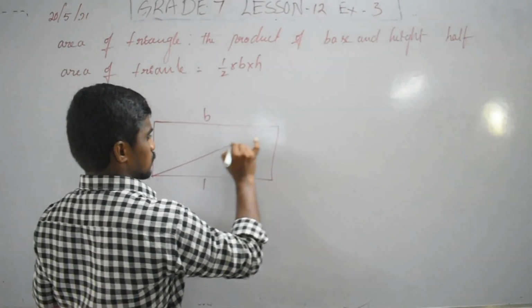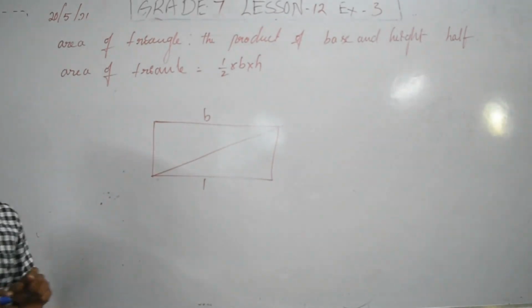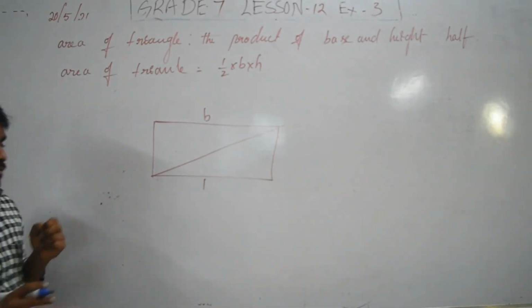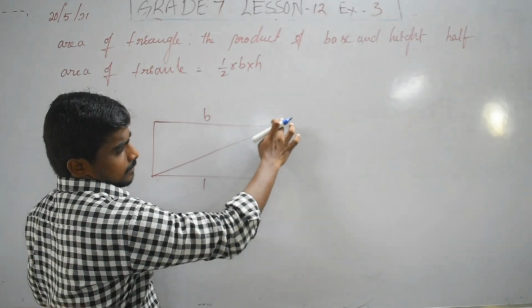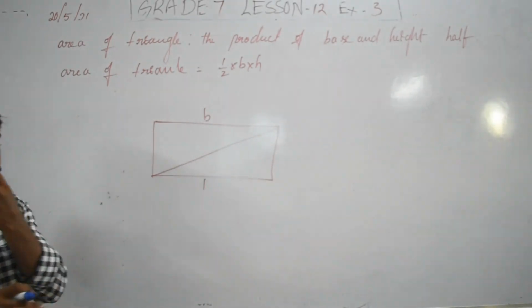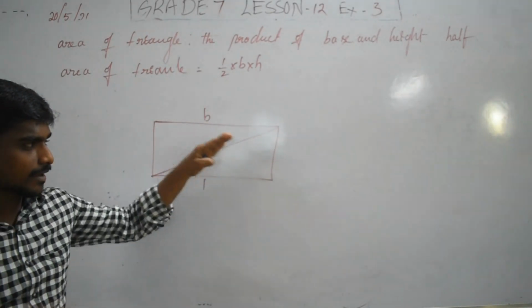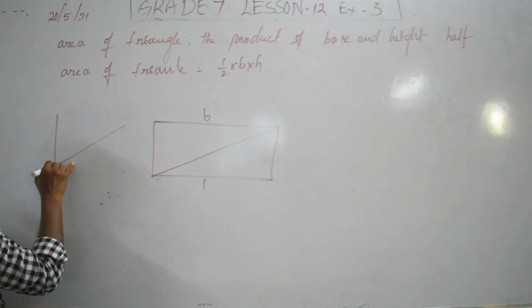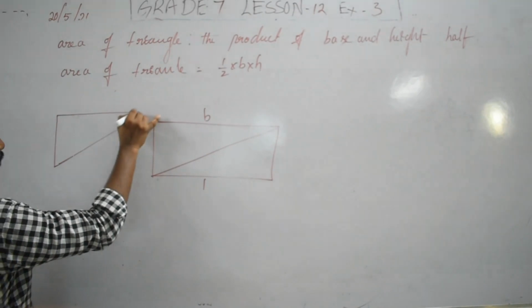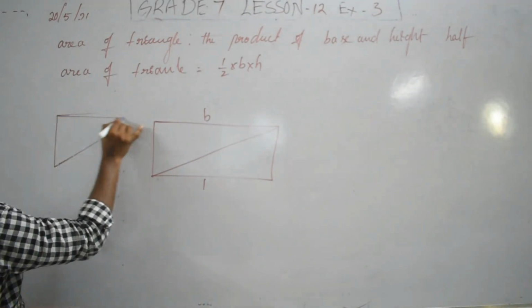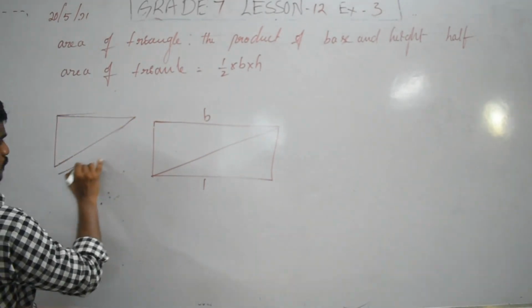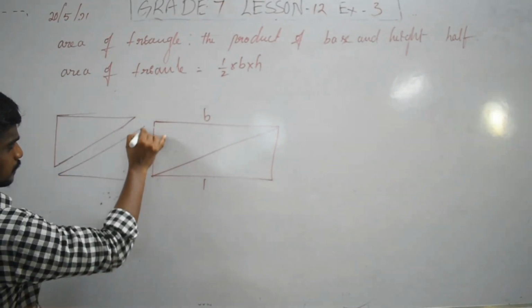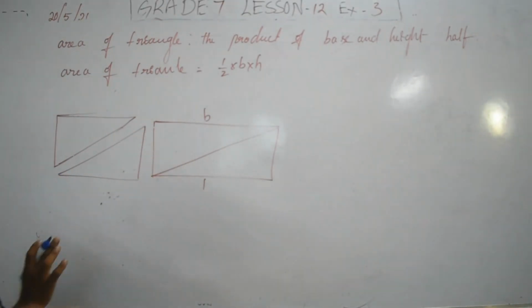Now this one, how much? Triangle. Yes, this is one triangle, this is one triangle. Here, two triangles.